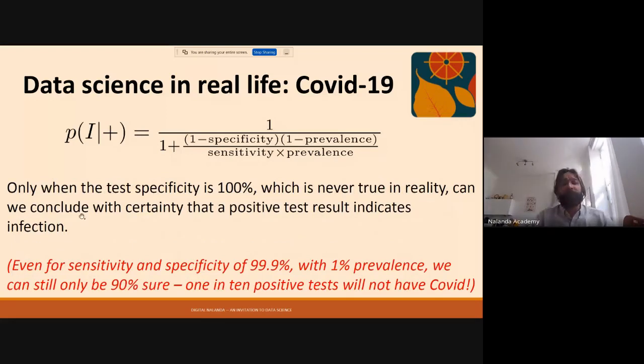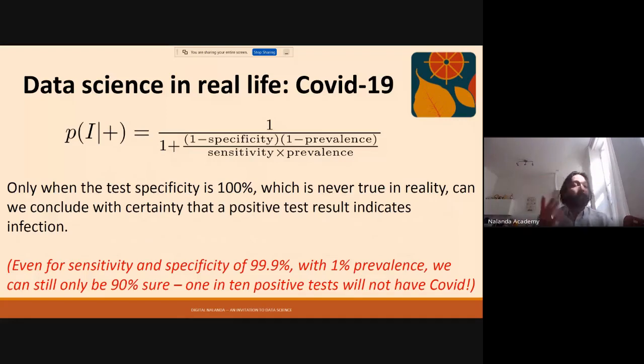Well, let's first pause and consider what one needs in order to really understand what's happening. It's only when this test specificity is 100%, which is never true in reality. And in fact, we don't want it to be true in reality, because there's always going to be lots of random noise in the instruments. You can't have tests infinitely sensitive, because otherwise we'll test positive for everything.